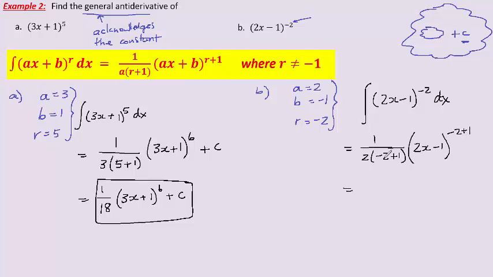And we're going to get negative 2 plus 1 is negative 1, so it'll be negative 1 half outside of 2x minus 1 to the power of negative 1, or, if we want to make this simpler, negative 1 over 2 outside of 2x minus 1.